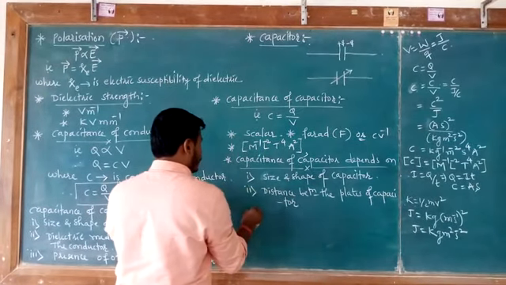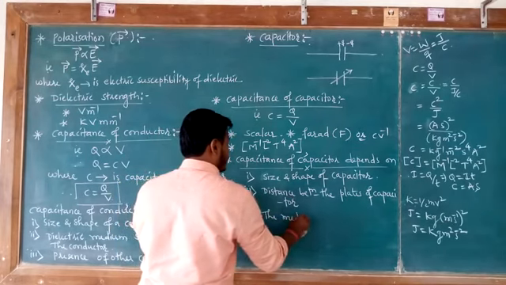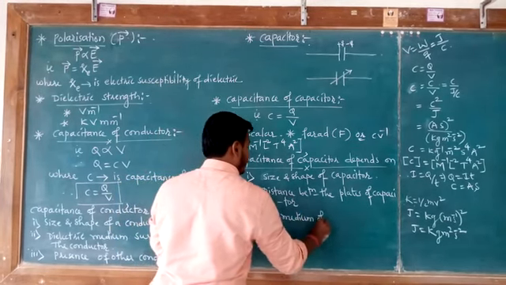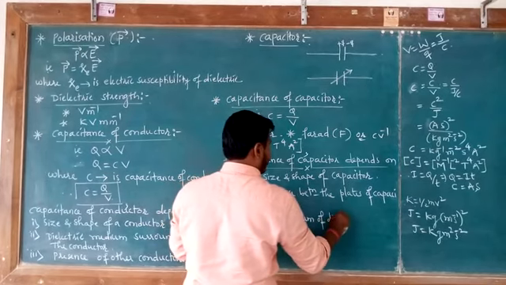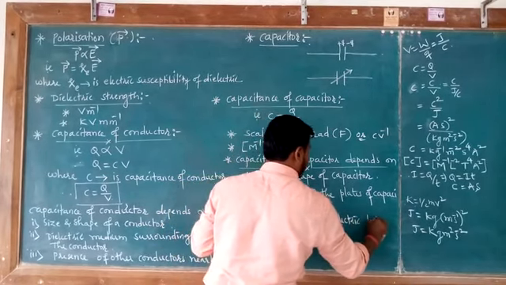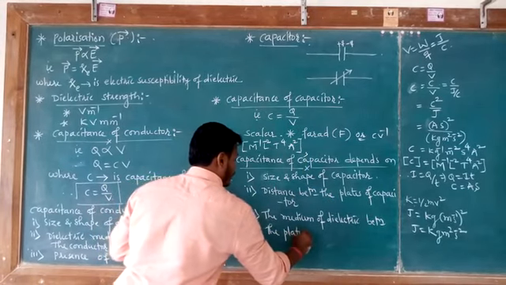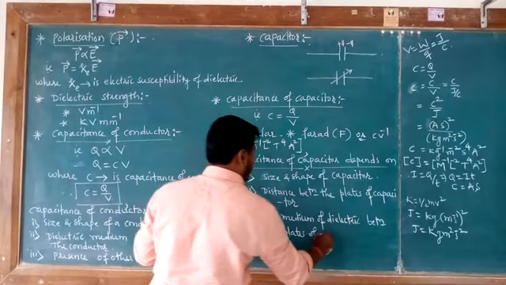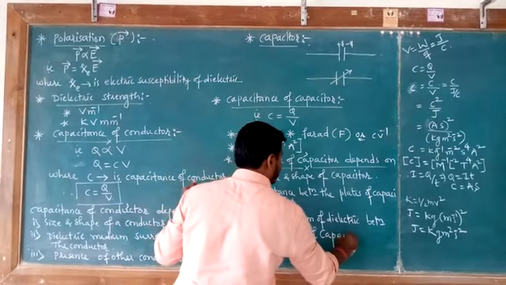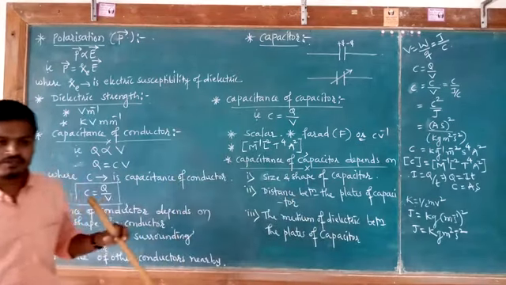And the third one is the medium of dielectric between the plates of capacitor. These are the three main factors on which capacitance of capacitor depends.